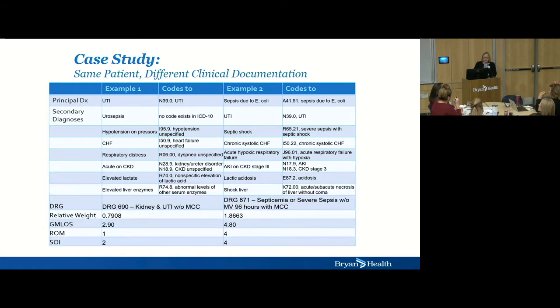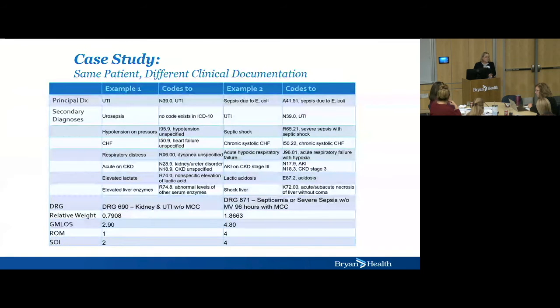Okay, the next slide is a case study that illustrates the importance of the documentation in the record. So I have example 1 and another example 2. And they're the same patient, it's just that the documentation is different. In the first example, I have a patient that has urosepsis, hypotension on pressors, CHF, respiratory distress, acute on chronic kidney disease, an elevated lactate, and elevated liver enzymes.